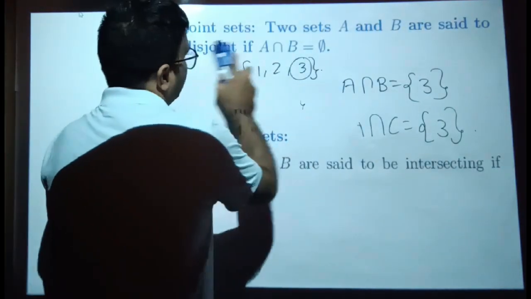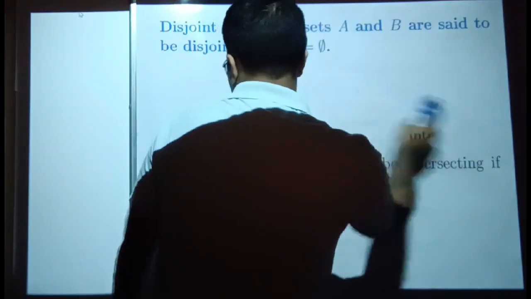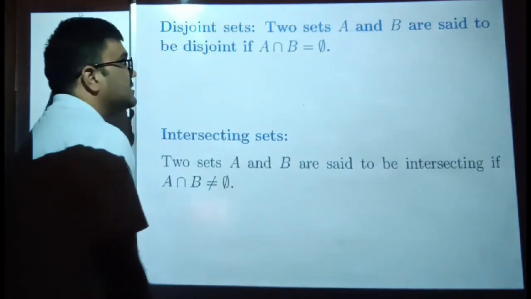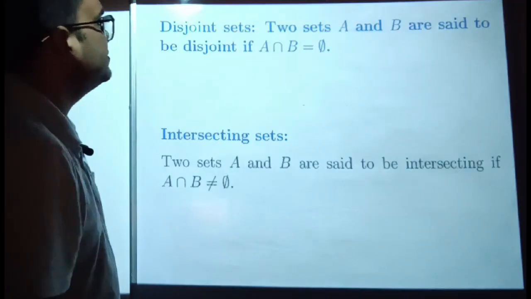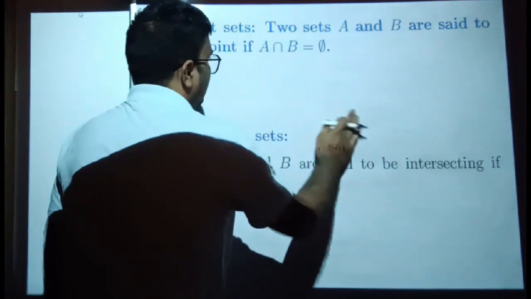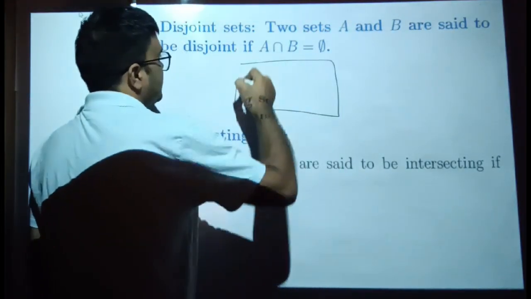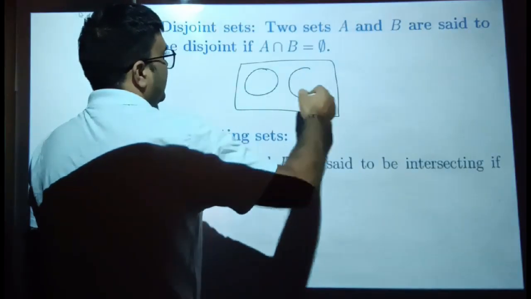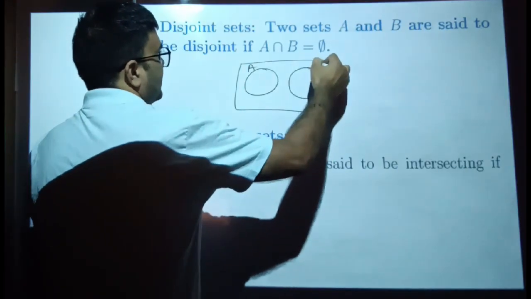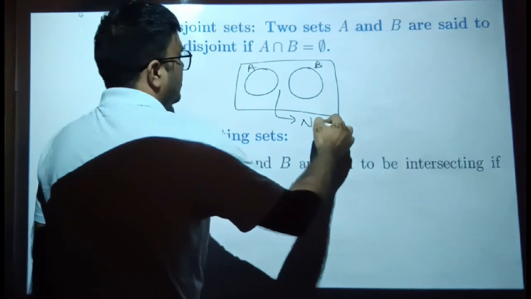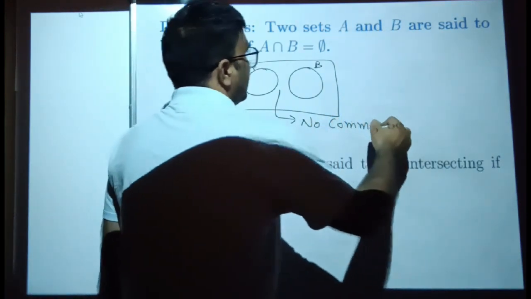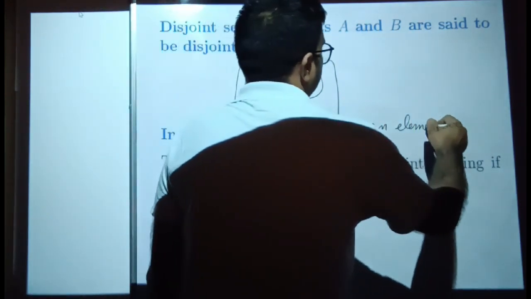Next we have two terms. One is the intersecting sets and second is the disjoint sets. So two sets A and B are said to be disjoint if A intersection B is equal to the empty set. A intersection B being empty means we have a set A, we have a set B, and there is no common element.